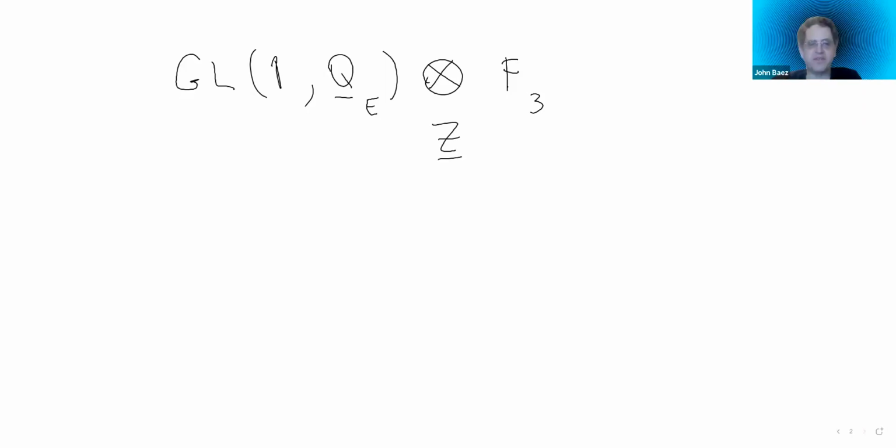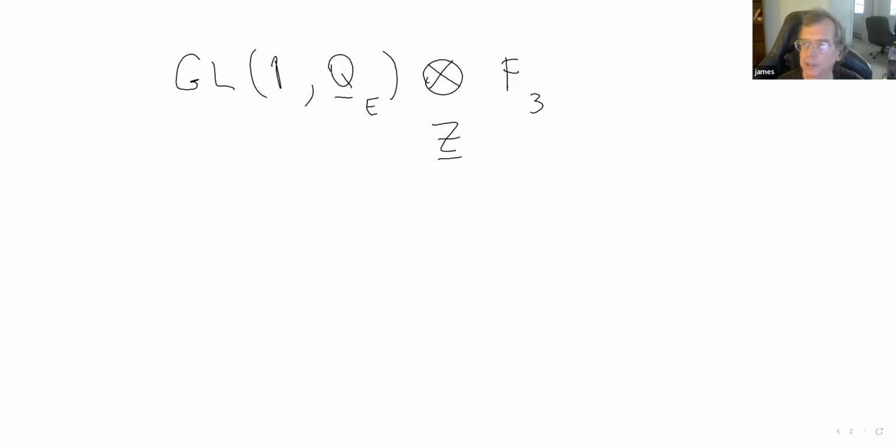Just to be annoying, what happens with the 6-element subgroup you mentioned of GL1Q? So let's see, when we tensor that with F3, I'm imagining that the negative one is getting killed off or something like that.